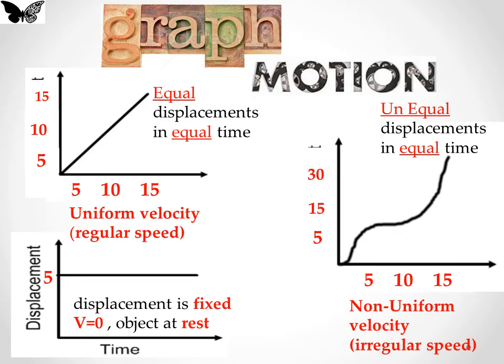The time still passes. So you have a displacement of 5 meters with time passing. This means that the motion is represented by a straight line parallel to the time axis. These three graphs represent the motion of the object.